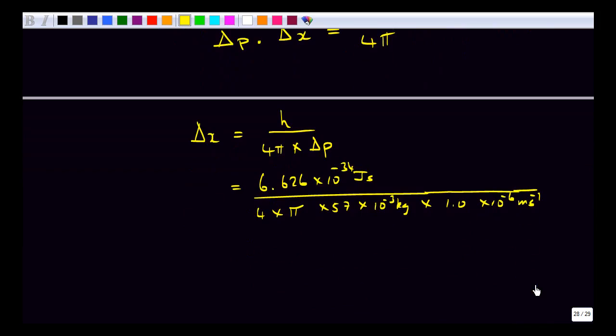And if you plug these values in, you should get a value of 9.25 × 10^-28 meters.